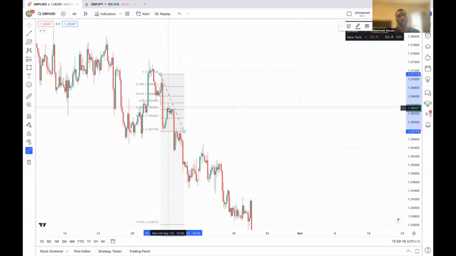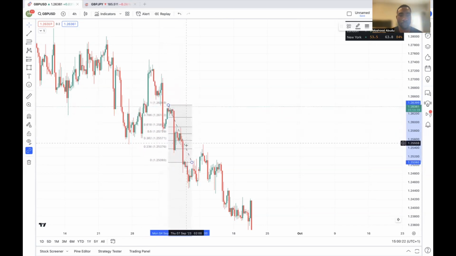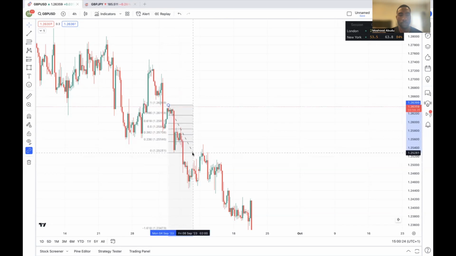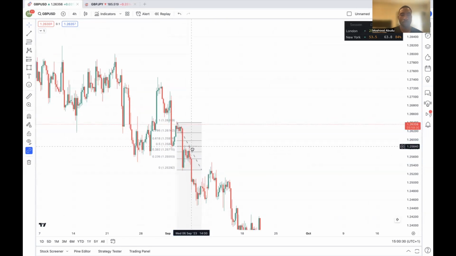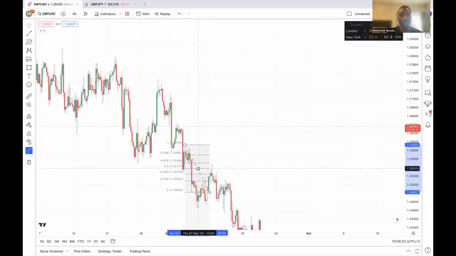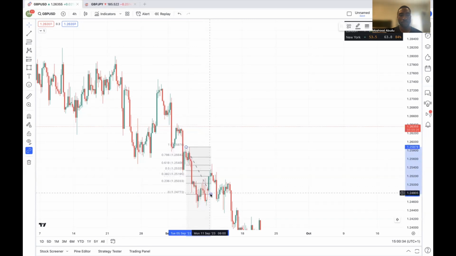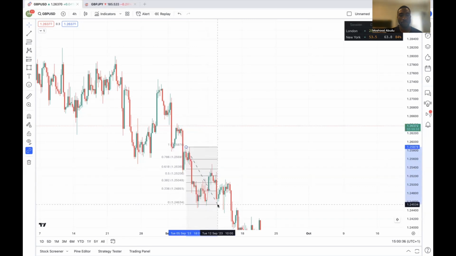When the market is trending, they respect 0.3. Same thing happened here if I drag this to this point. Same thing, 0.3. If I drag it to this point, almost 0.3.